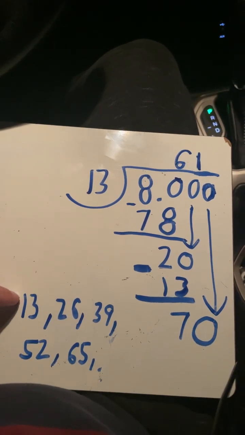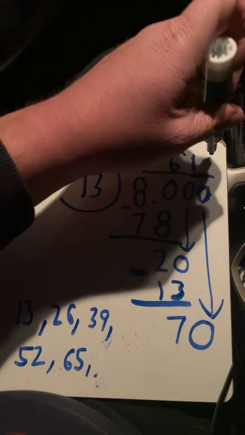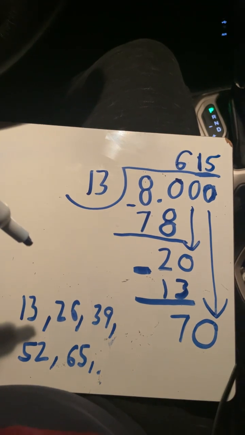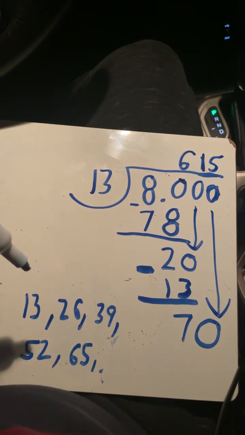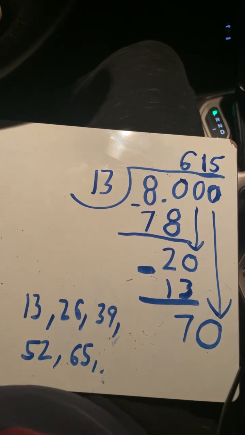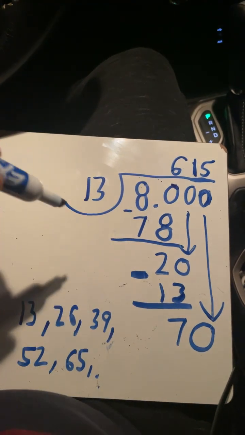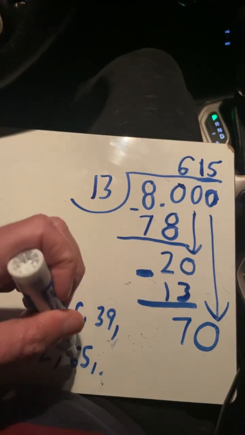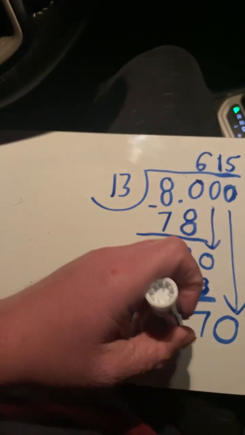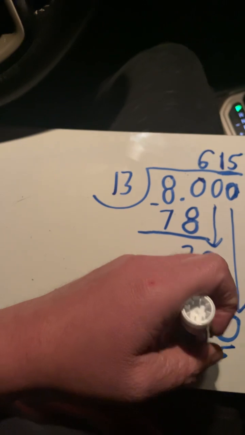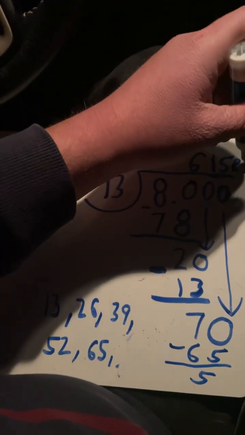So 1, 2, 3, 4, 5. And the closest number I was able to land on was 65. So 70 minus 65 equals 5. So we have a remainder of 5.